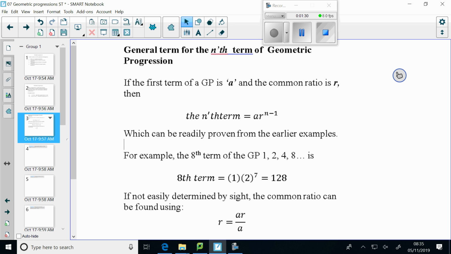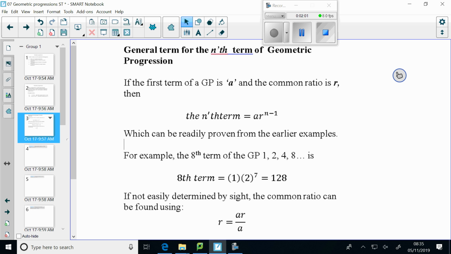So, a general term for finding the nth term of a geometric progression. If the first term of a GP is a and the common ratio is r, then we can find the nth term from the formula a times r to the power of n minus 1.